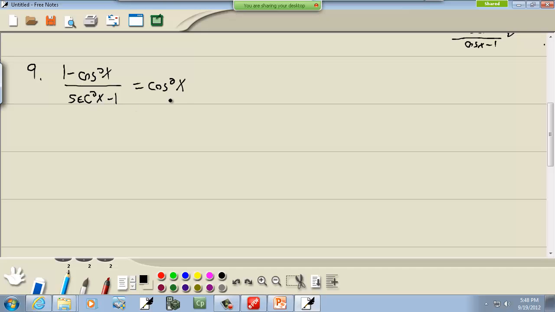Those kind of remind us of our different properties. Number 15, we have cosine squared x plus sine squared x is equal to 1. Number 16, we have tangent squared x plus 1 is equal to secant squared x.